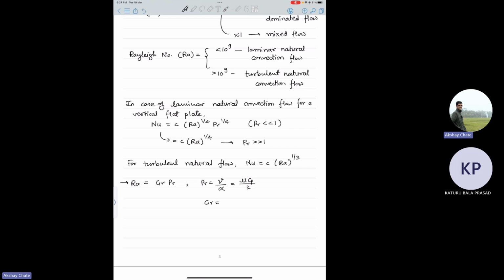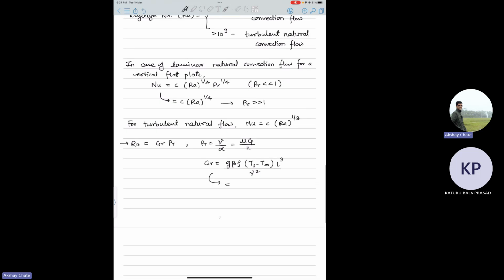And the Grashof number is rho g beta into Ts minus T infinity, which is delta T, into characteristic length cube, divided by the kinematic viscosity square, and it signifies the ratio of buoyancy force and viscous force.